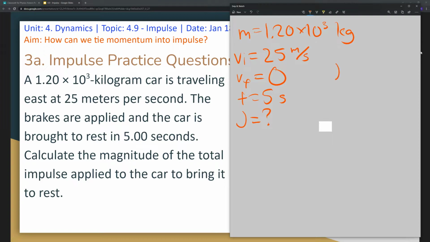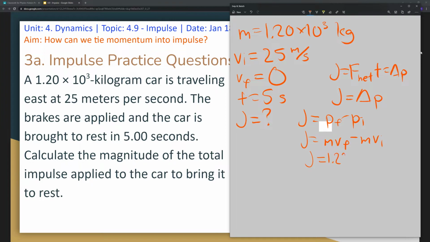We learned J is equal to F net t is equal to delta P. We don't have force, but what we do have is our change of momentum, so we're going to use this. J is equal to final momentum minus initial momentum. J is equal to mass times final velocity minus mass times initial velocity. The final velocity term is 0, because your final velocity is 0.